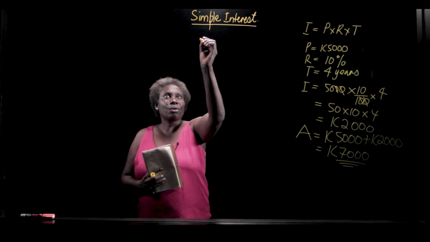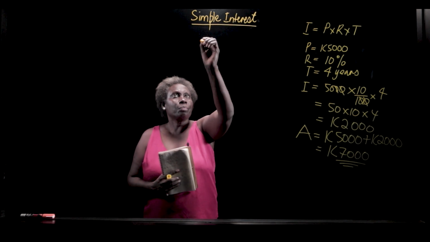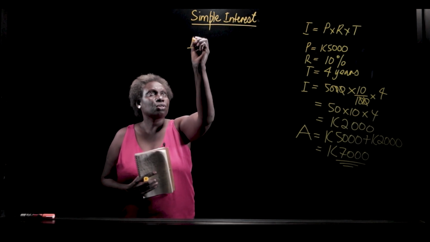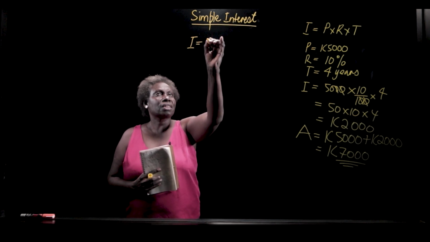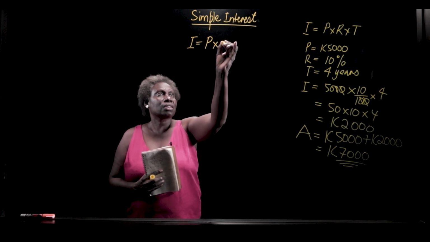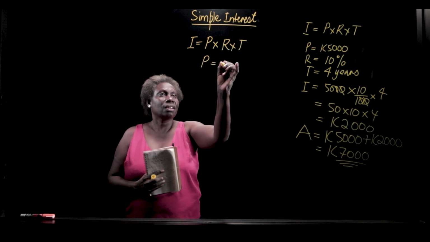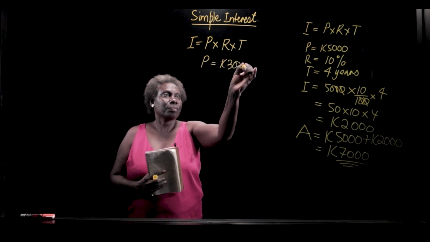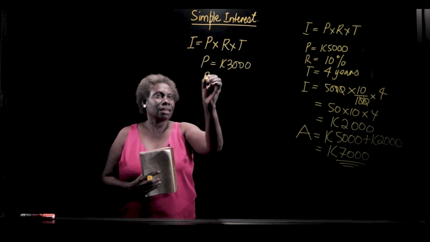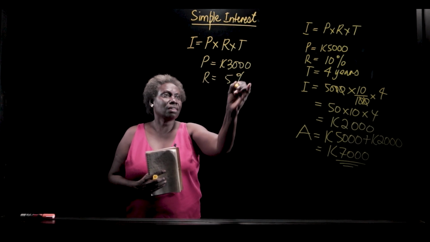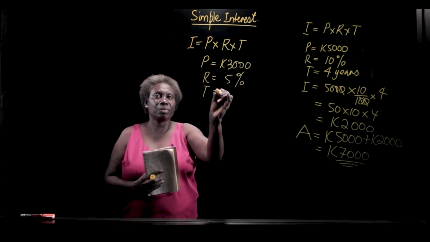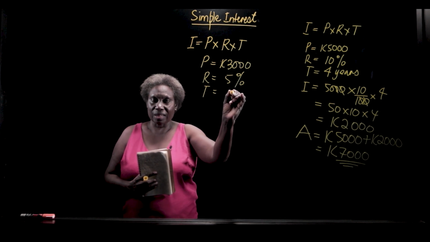Okay, so again, the same formula is used to calculate interest. Interest is equal to principal times rate times time. This time her principal is 3,000 kina and the rate is 5% and the time is 4 years.